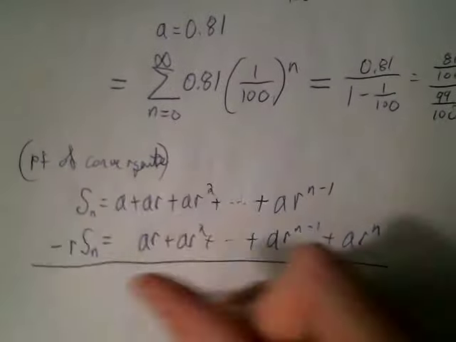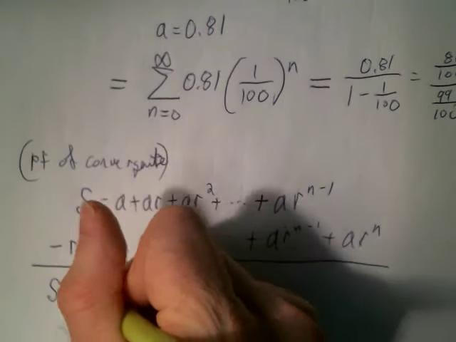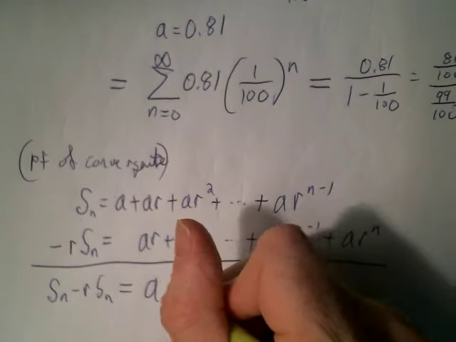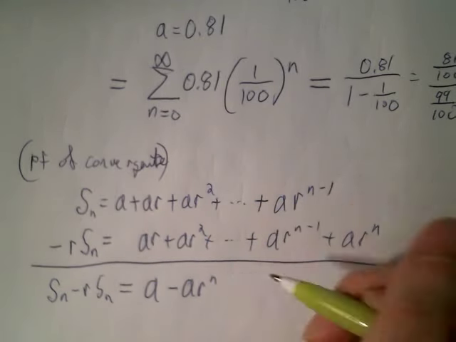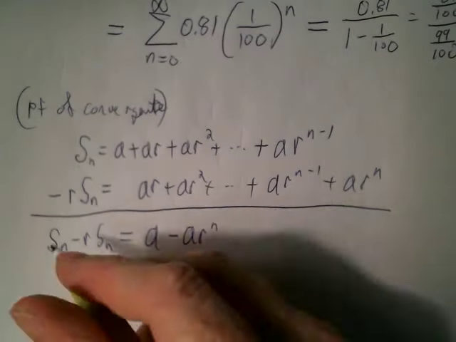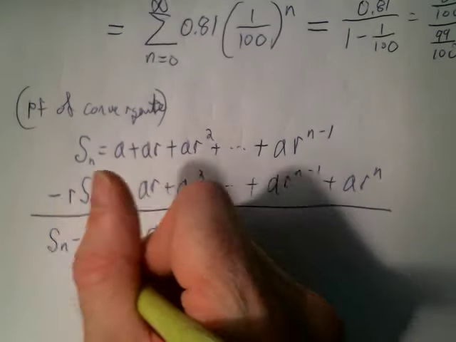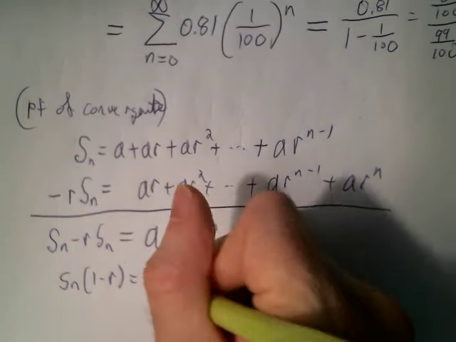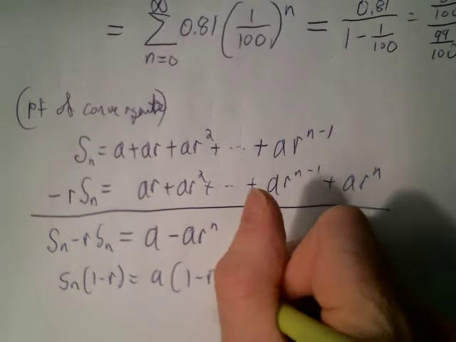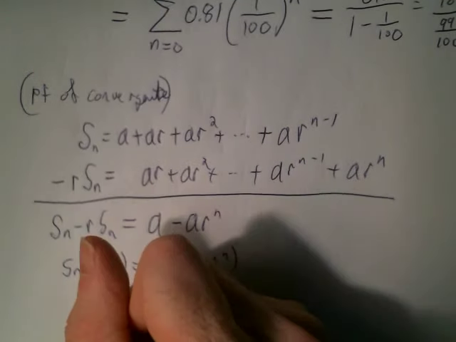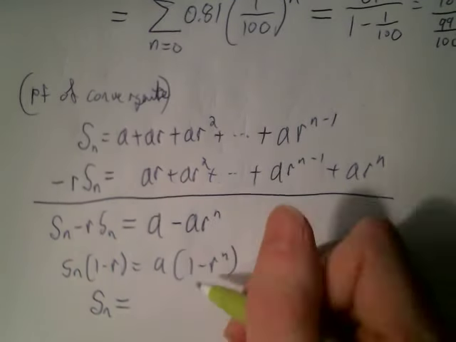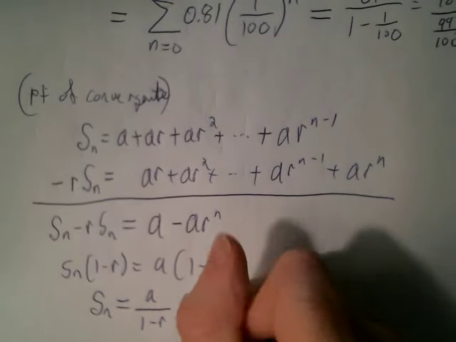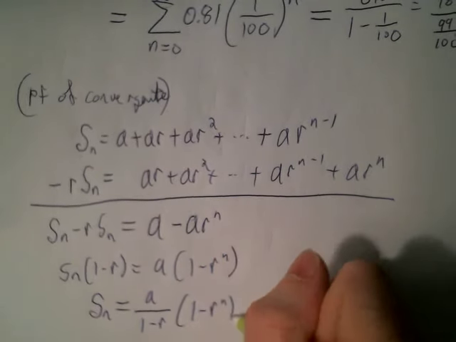And then you subtract, you get S sub n minus r S sub n equals a minus ar to the n. Factor out the a over here, factor out the S sub n. The formula for the nth partial sum will be a all over 1 minus r times this factor 1 minus r to the n.